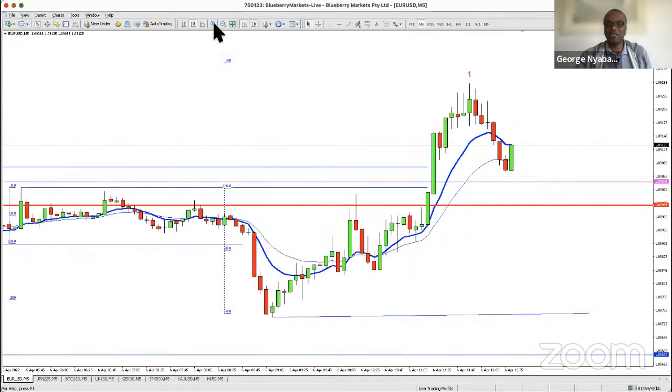I don't just look at a market and say, well, I'm just going to trade. I have to wait to see my particular setups appear before me, then I execute the trades.